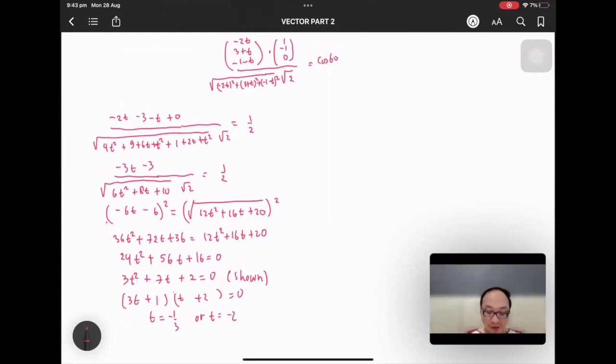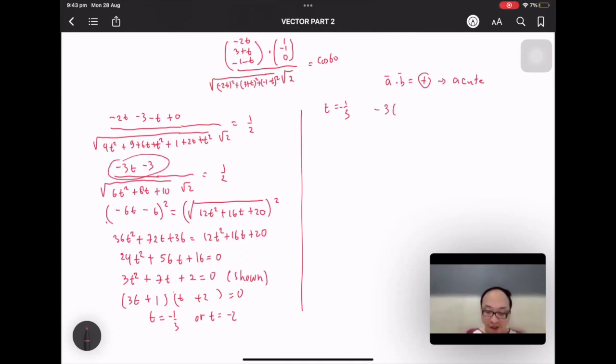From these two values, if t equals negative 1 over 3, we have to consider one thing: the angle is 60 degrees, so it's an acute angle. That means vector A dot vector B should be positive to have an acute angle. So we have to check from this.